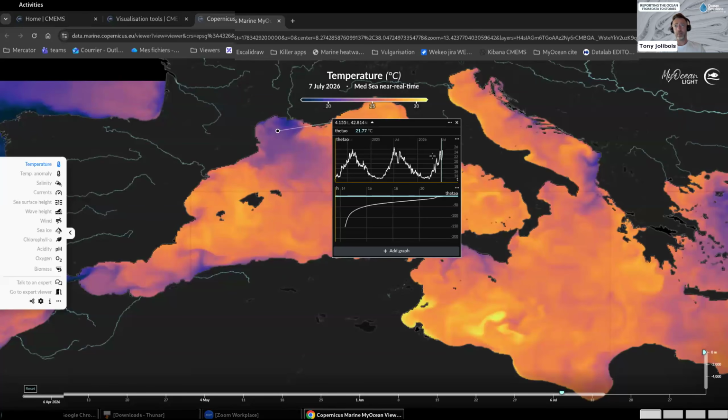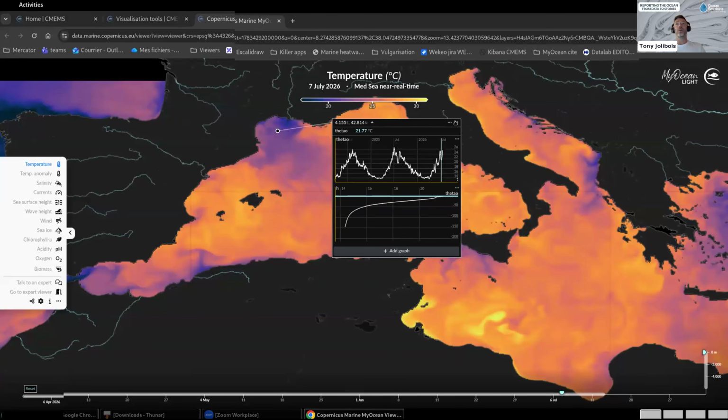You have here the time series of the value on this point from 2024 to forecast, and you have here a profile. These are 4-dimension data, so you have the data along the depth of the ocean.